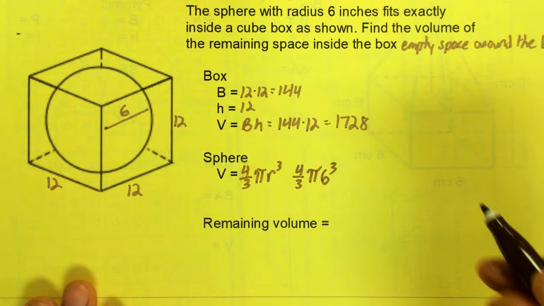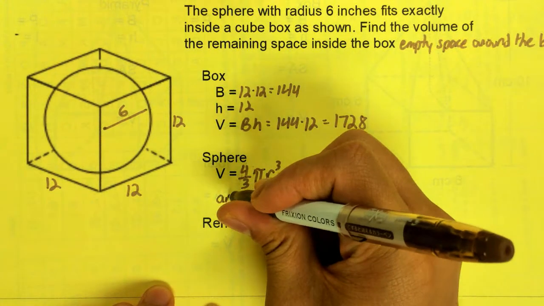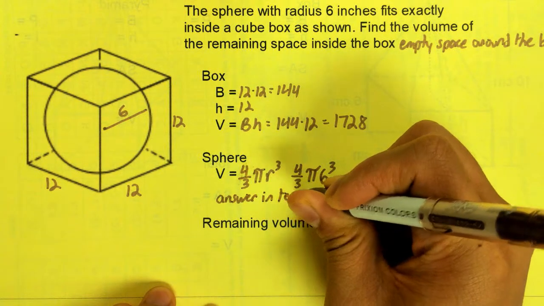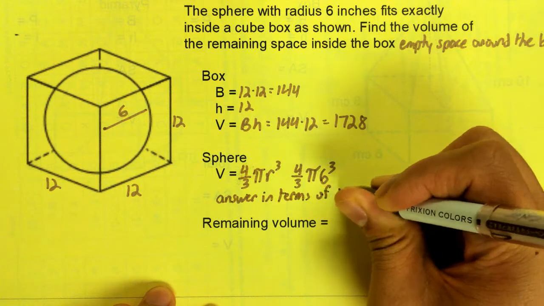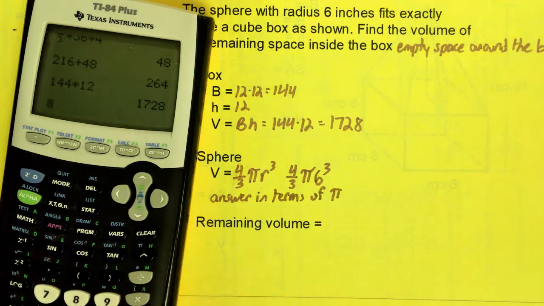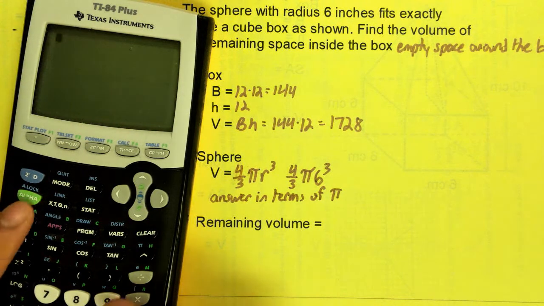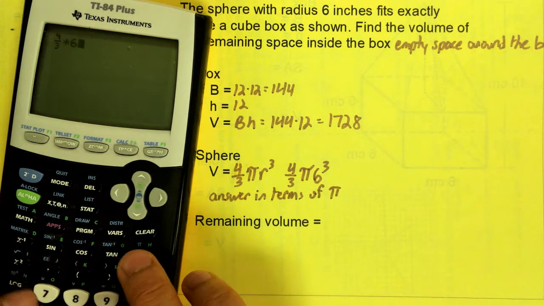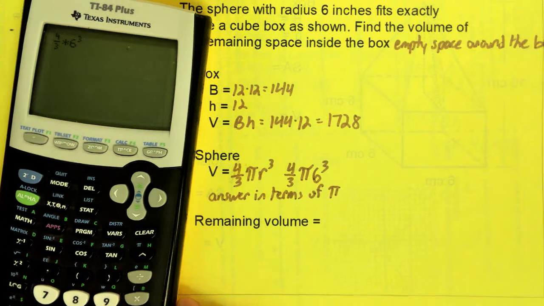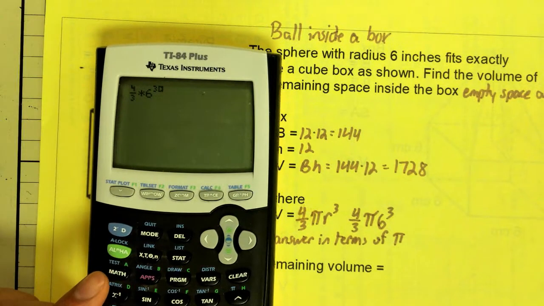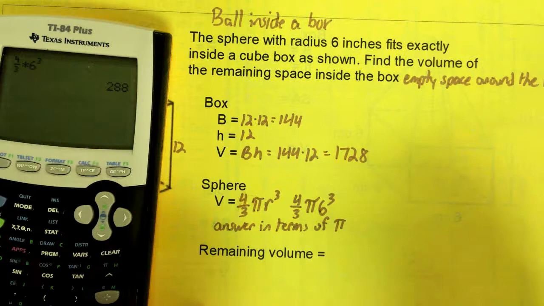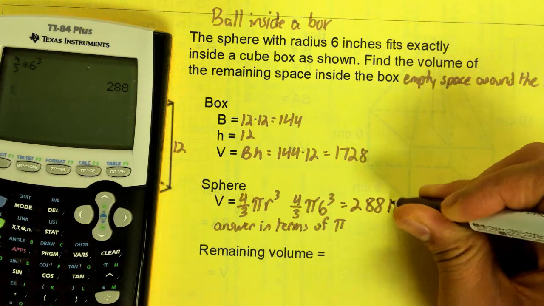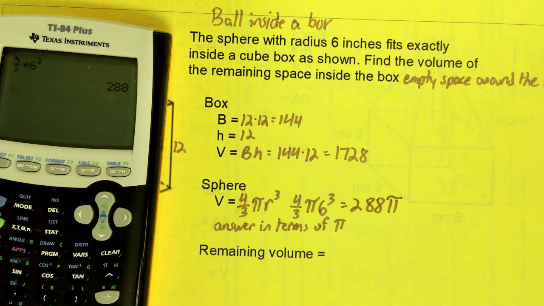On your calculator, I want my answer in terms of pi. What that means is I do not type pi in, I just type in 4/3 times my 6 cubed. 4/3 times 6 cubed to get me 288, and then we have pi. 288 pi.